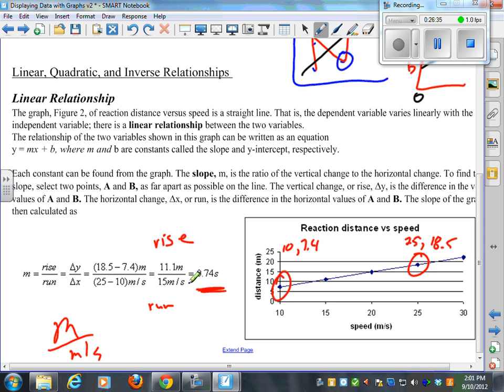Who can tell me how to divide fractions? What's the rule?